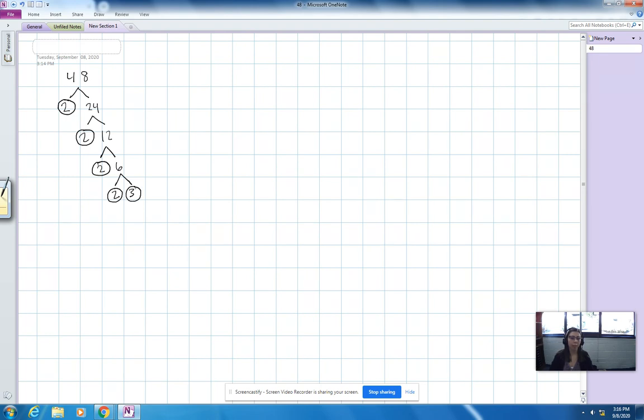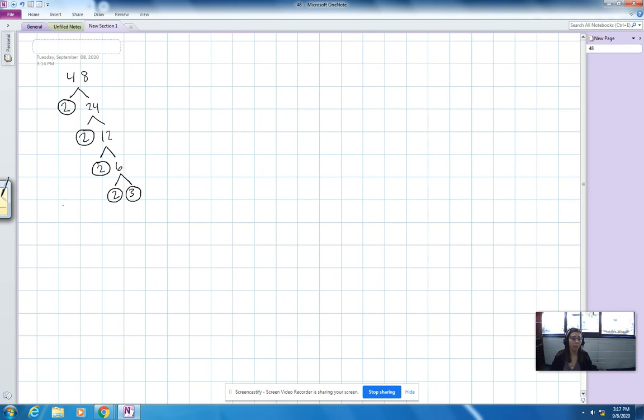Now that every branch is ended in a circle, that means I'm ready to actually write the prime factorization of a number. So earlier I said the prime factorization of a number is when you write a number as the product of its prime factors. So that means you write it as all of its prime factors multiplied together. So that's what I'm going to do here. I'm going to take all of these prime factors and multiply them together.